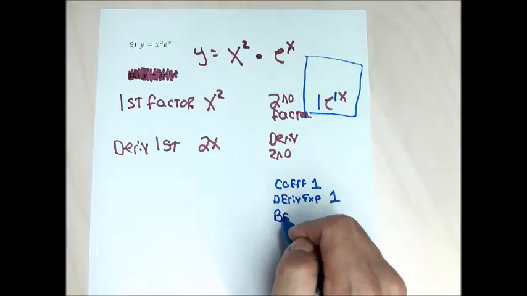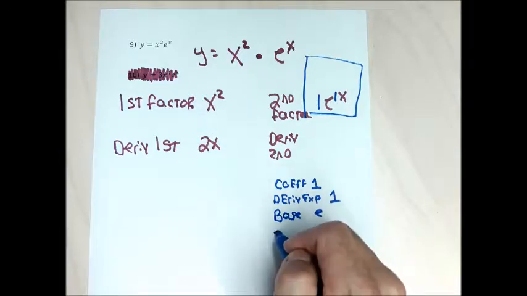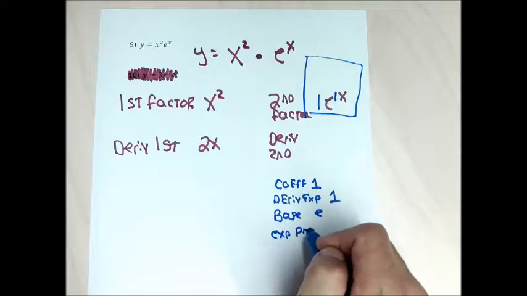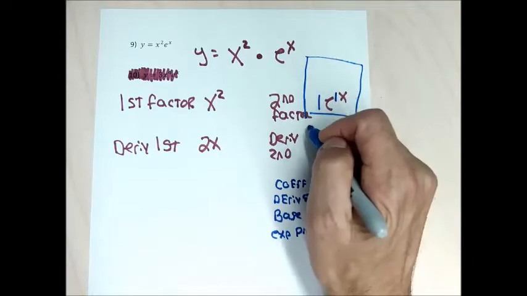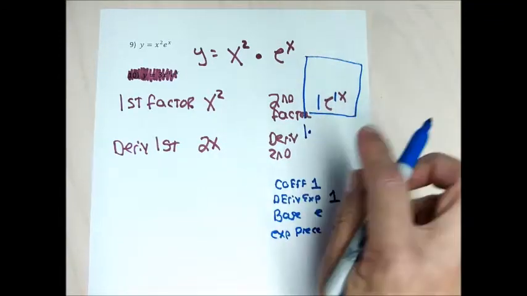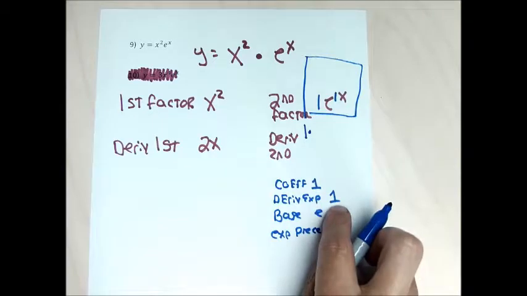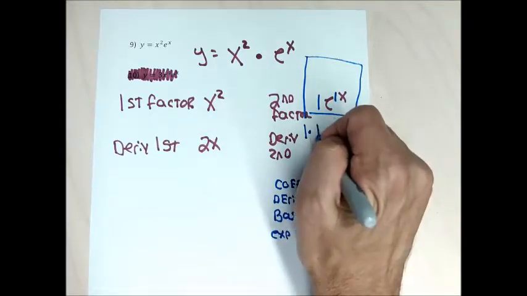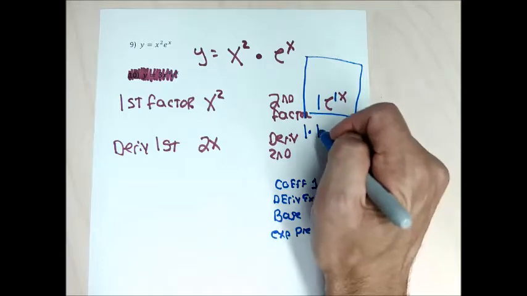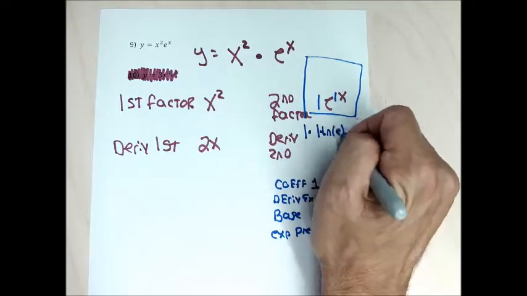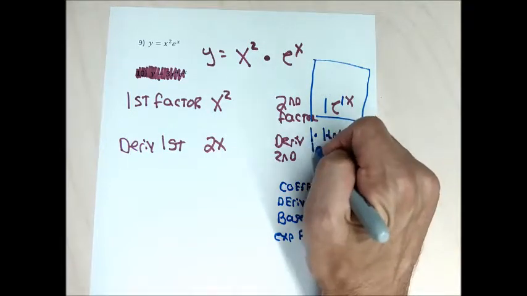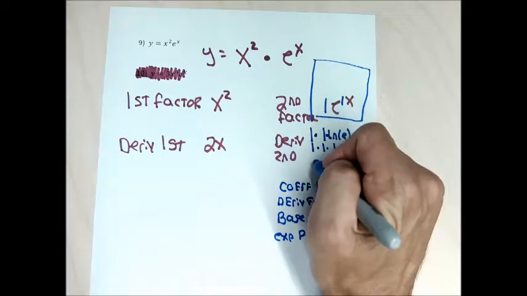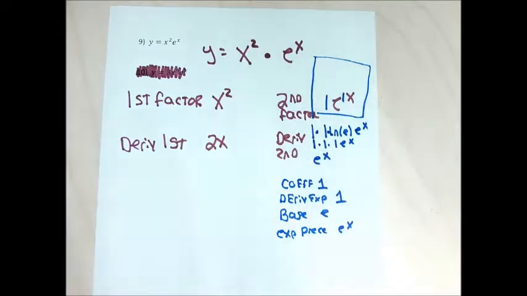The base is going to be e, and the exponent piece is e to the x. So when I go to write down the derivative of this, it's technically the coefficient, 1, which I shouldn't write, times the derivative of the exponent, 1, which I shouldn't write, times the natural log of the base, which is also equal to 1, that I shouldn't write, times the exponential piece, e to the x. So this is really 1 times 1 times 1 times e to the x, and that's just going to be e to the x for that derivative of the second.